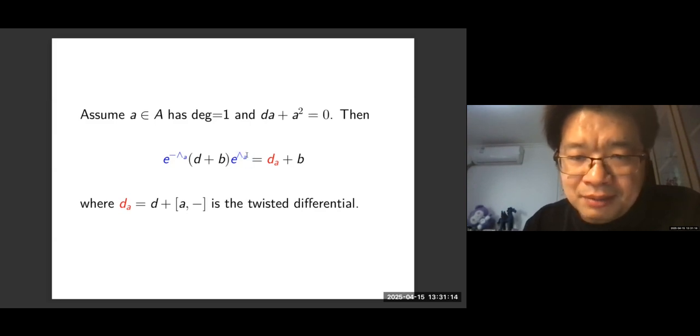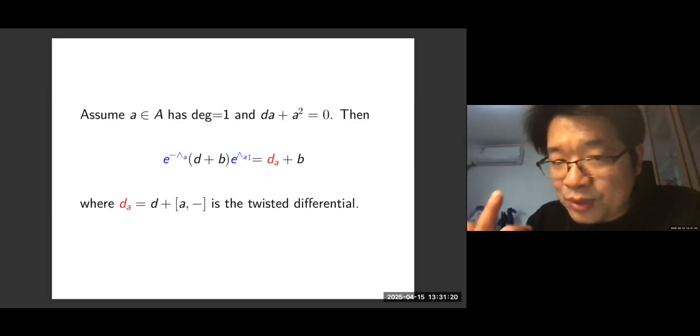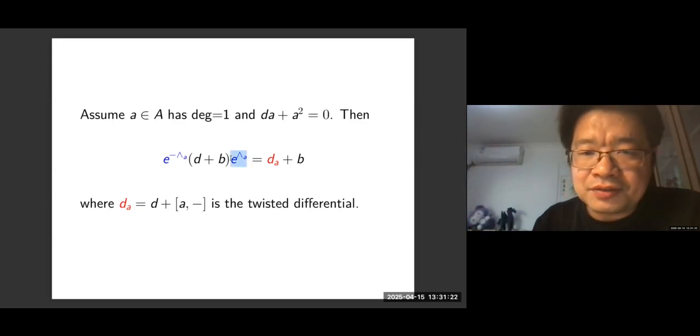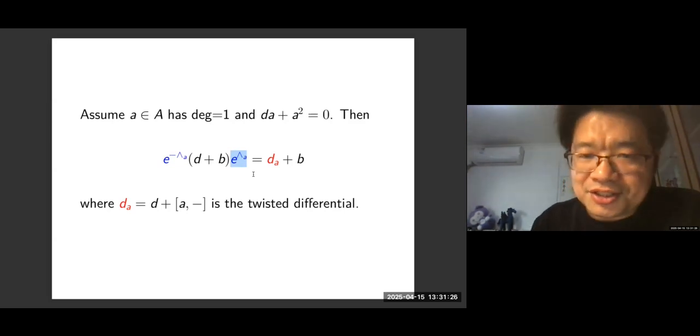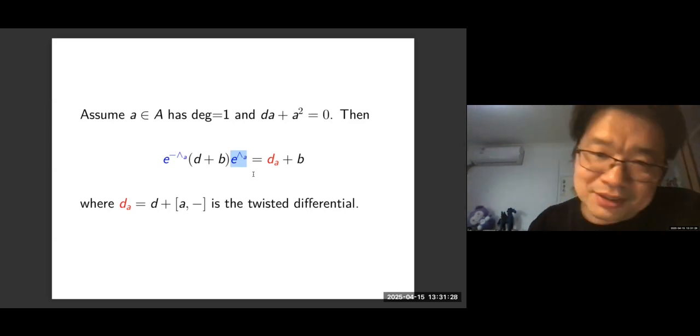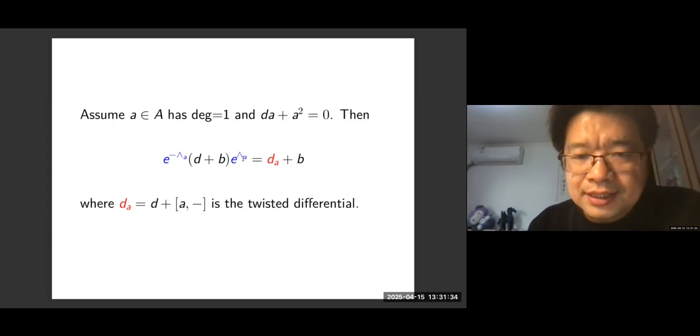Remember, lambda A is the operation of inserting one A. So the exponential of this operation is inserting A many times and everywhere, in all possible positions.